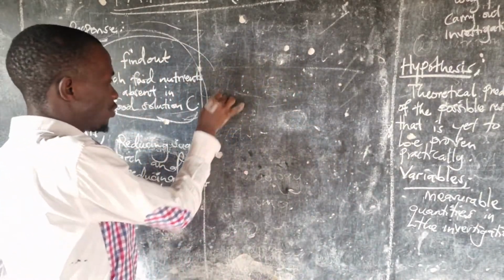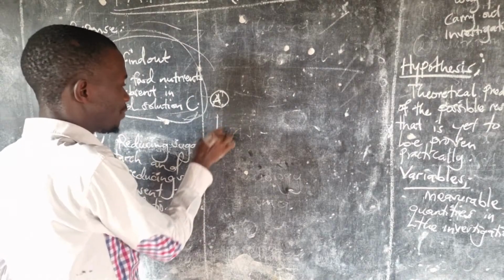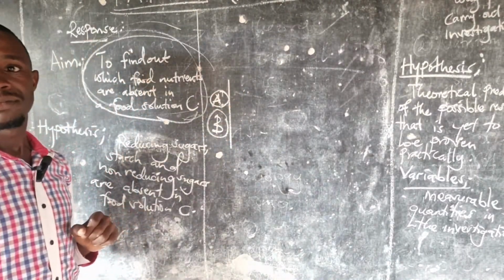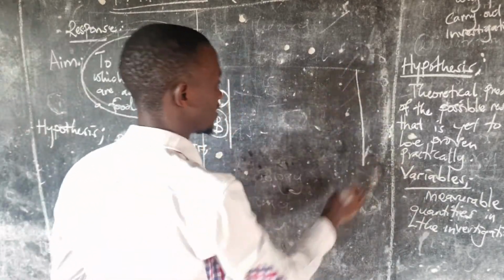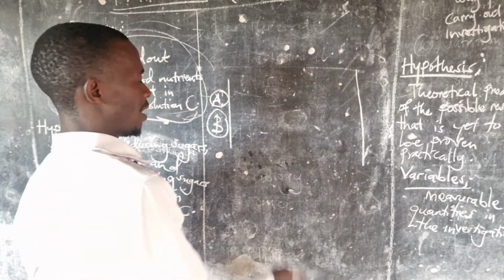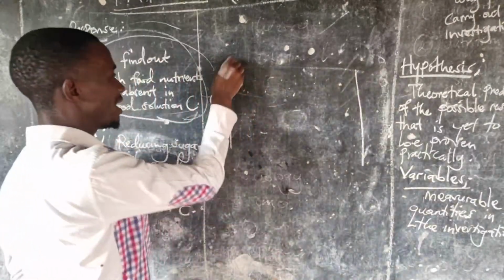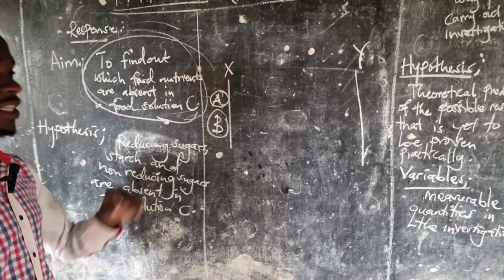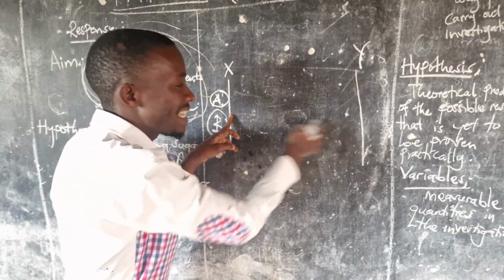We have person A and person B at the starting line. They must run from a certain point X to point Y. These 2 points are distant from one another.